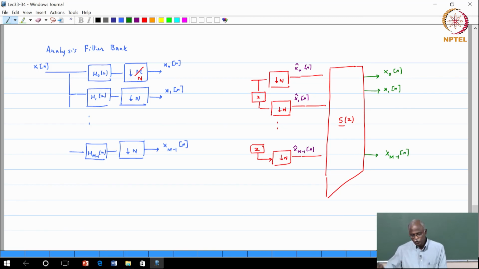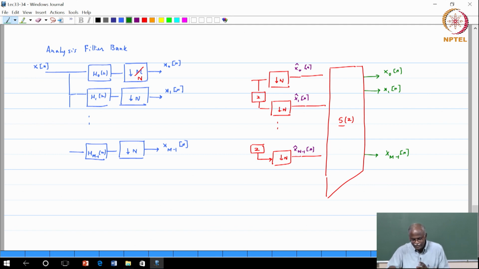Okay. So what we have done is whatever we did for the synthesis filter bank, we have been able to do something very similar, except that it is now a type 2 polyphase decomposition, so that you get a string of advance operators and not delay operators, and you have moved the downsampler to the extreme left, so that you can apply an efficient implementation.